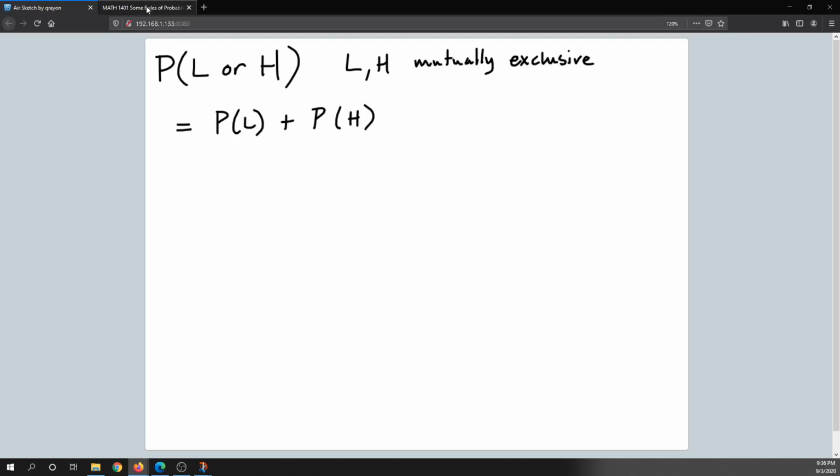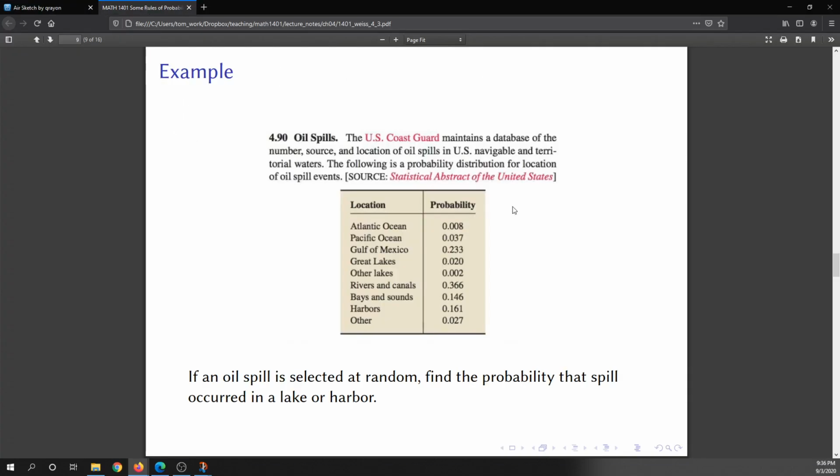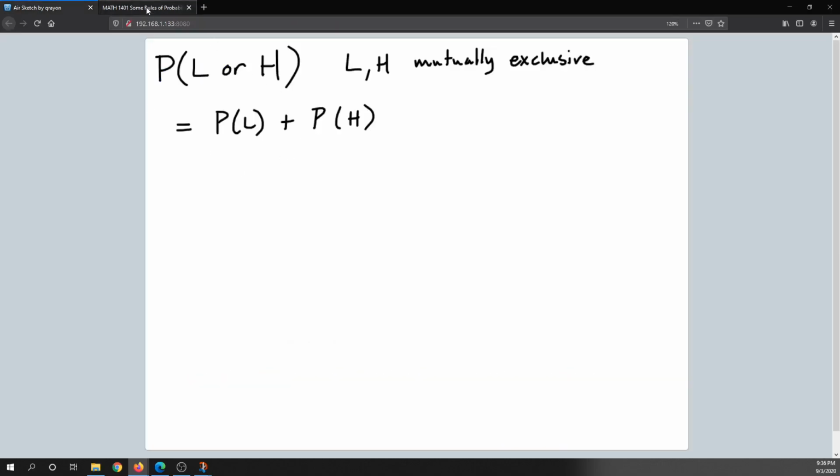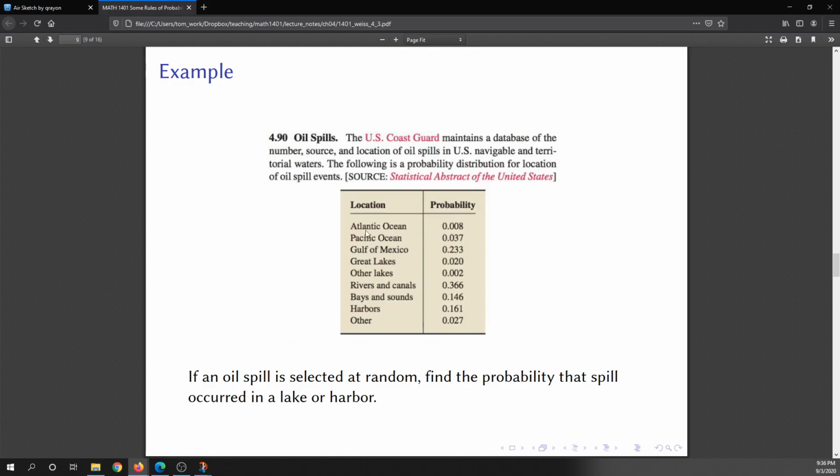All right. So let's go look back over here. And so notice, in this diagram over here, what we've got is the probabilities. We don't have the frequencies, the counts. They give us the probabilities, right? And so when we're looking at here, we have two lakes, Great Lakes and other lakes, right?